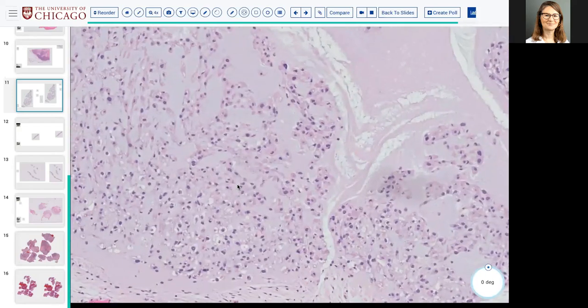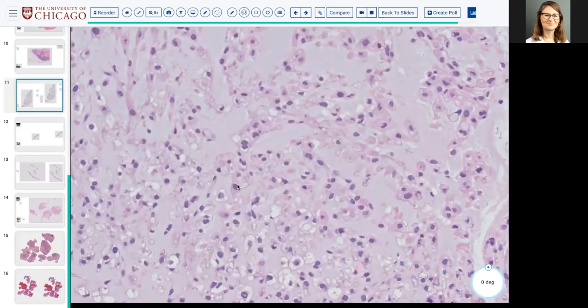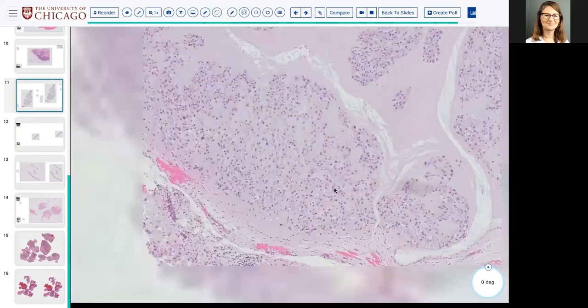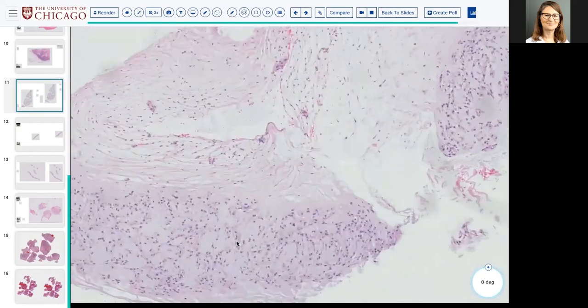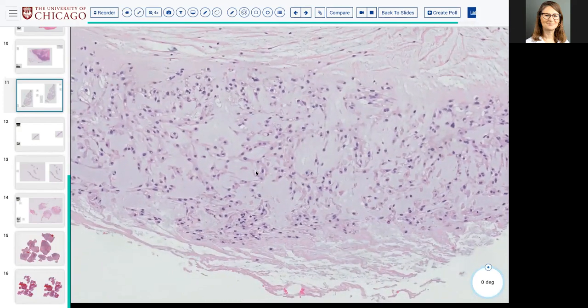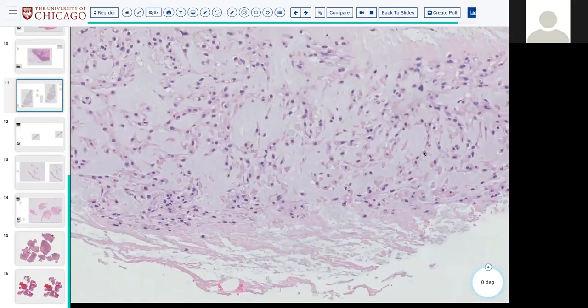The other thing about myxofibrosarcoma is that, arguably, these cells have a little more cytoplasm than we would want for it. And do they have the significant cytologic atypia that we generally tend to see in myxofibrosarcoma, or are they more bland? If it's low grade, then it will be more bland.